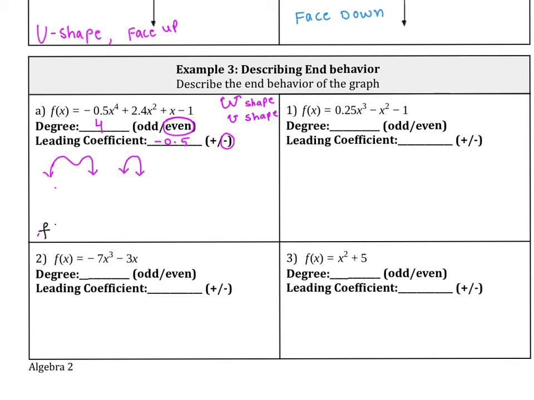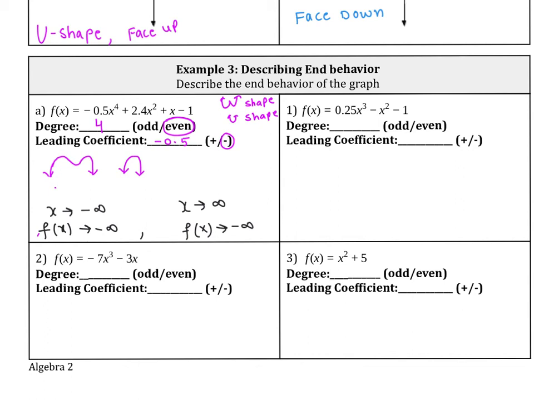So f(x) is approaching negative infinity from the left side. As x approaches positive infinity, f(x) is approaching negative infinity from the right side as well. So it doesn't matter where x is approaching, f(x) is approaching negative infinity because it's going down from both ends.